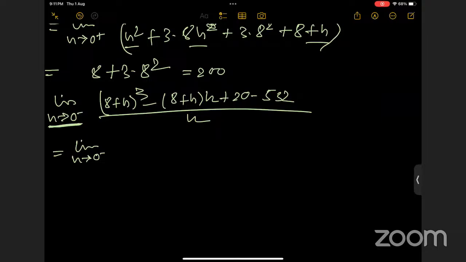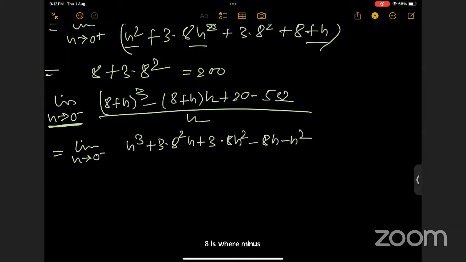Can I give a tip? So what is the answer? It will be similar, right? 3 into 8 square h plus 3 into 8 h square minus 8h minus h square by h, right?